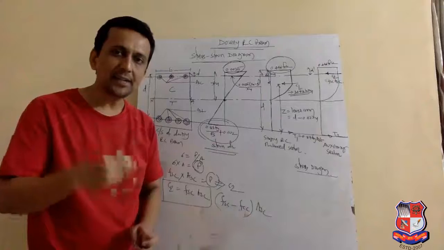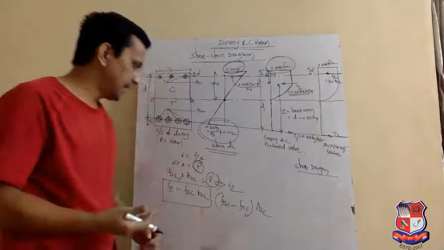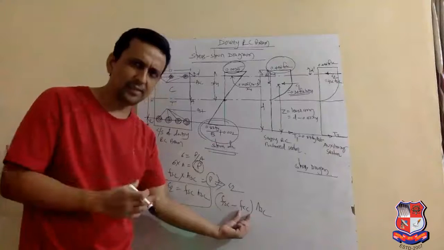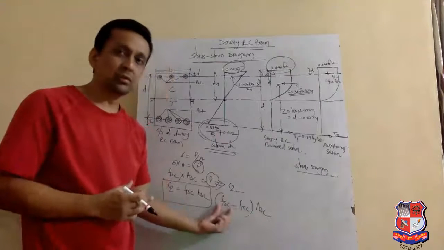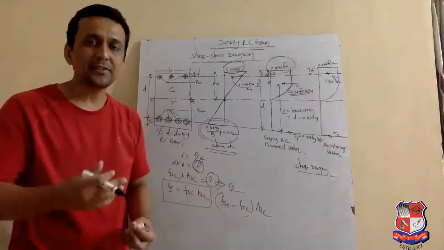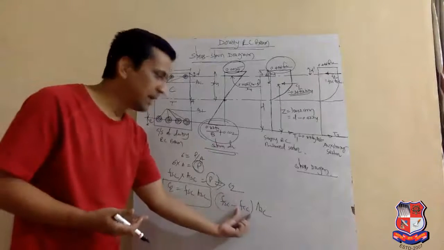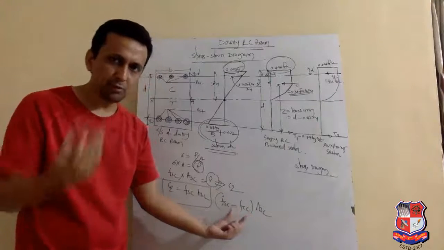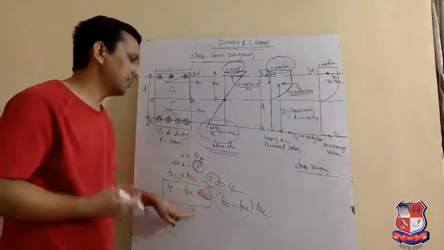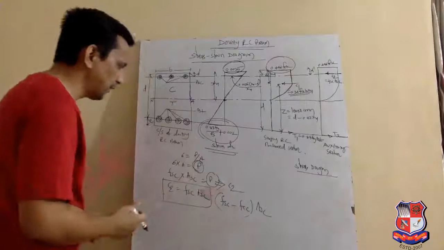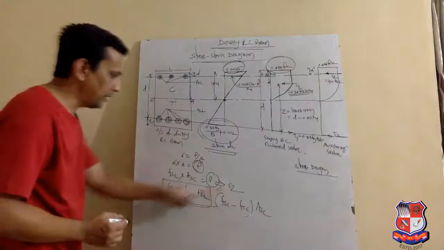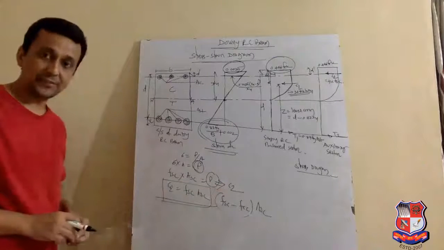But IS has recommended that the value of fcc is very small compared to the value of fsc, so IS recommends neglecting fcc. It's up to you; you can consider fcc or neglect it, but just follow IS 456, and the equation comes to C2 equal to fsc into Asc.